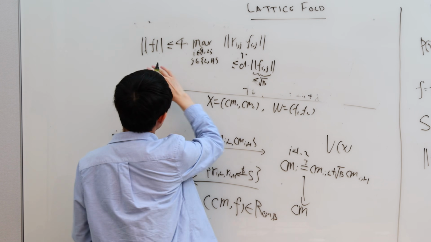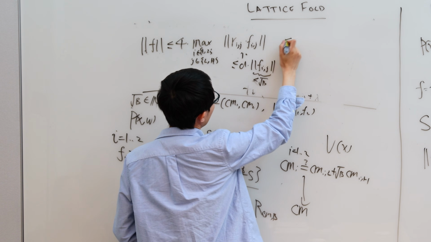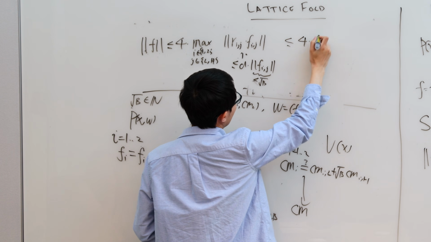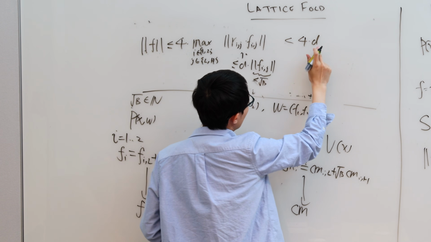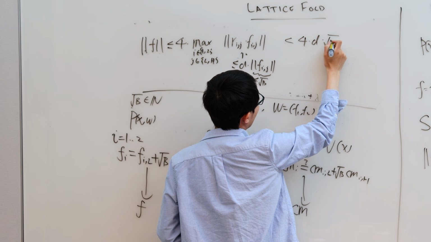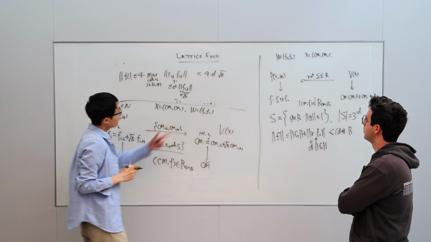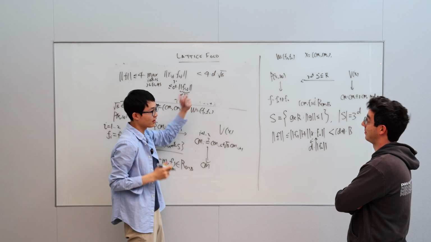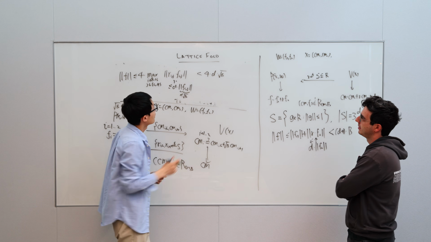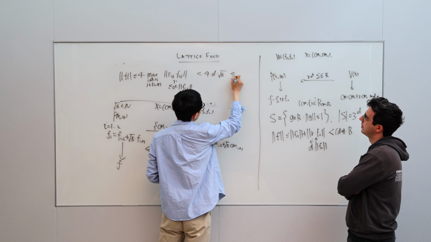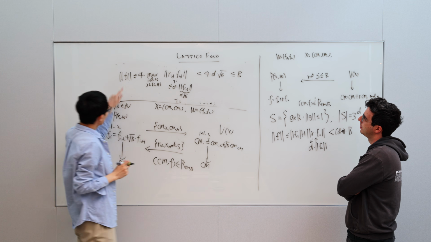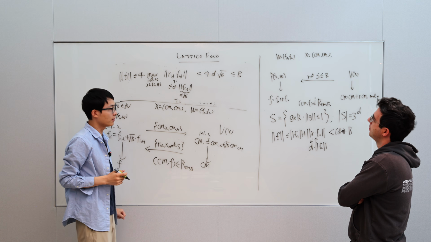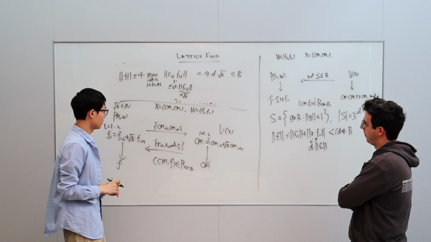So that means if you sum them up, you get that the norm of F is less than 4 times D times square root B. Right. And then if you choose B to be large enough, for example, 16D squared, then this is less than or equal to B. That's right. So you end up with a witness that's lower than norm B. Okay? So very interesting.